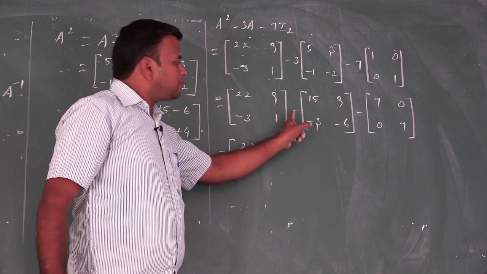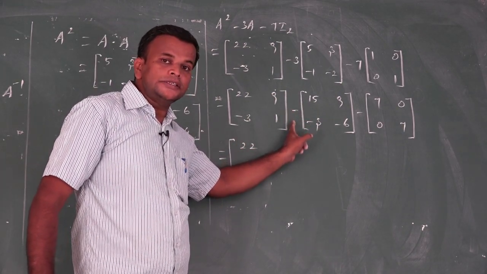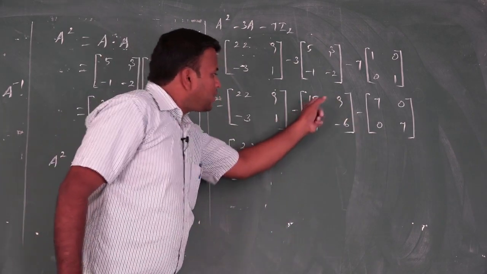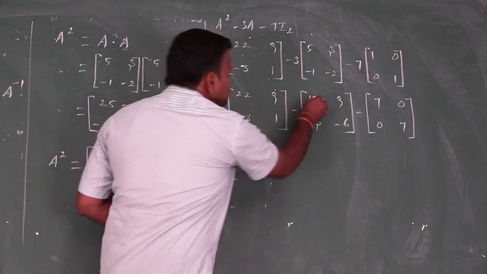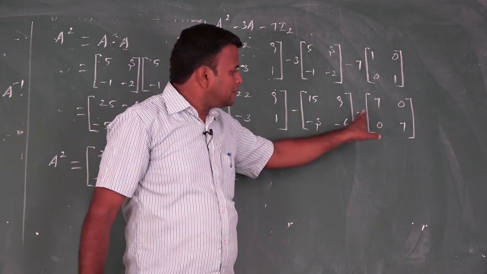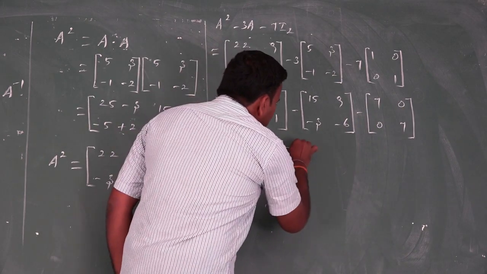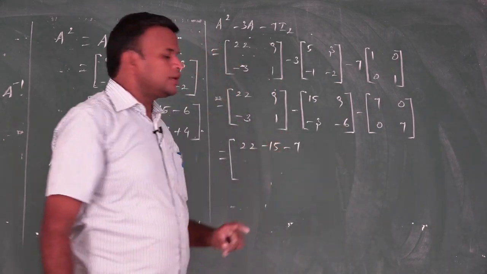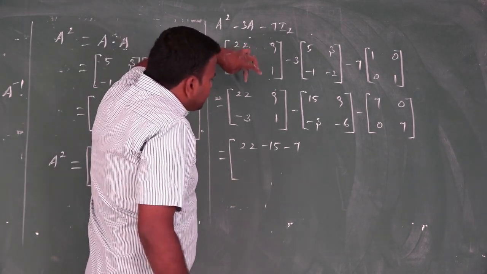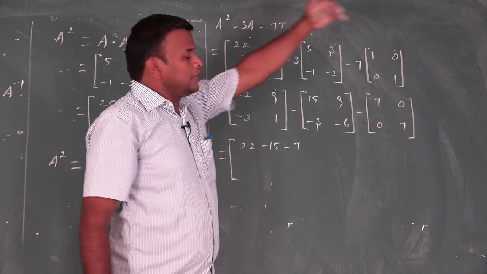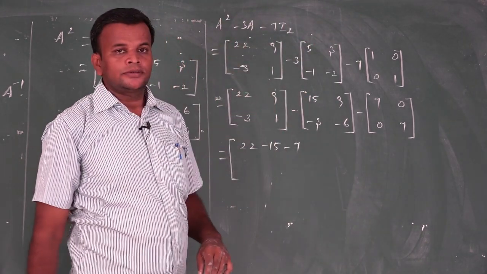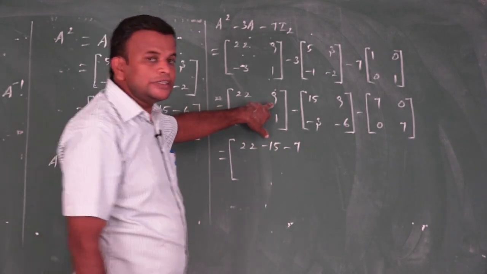In the second matrix the minus sign is common to each and every element, so I multiply the minus also: minus 15. Here also I multiply 7 inside: minus 7. These elements are called the corresponding elements. Now we add the first row, first column element of all three matrices. Next I move to the second element. The second element in the first matrix is 9.